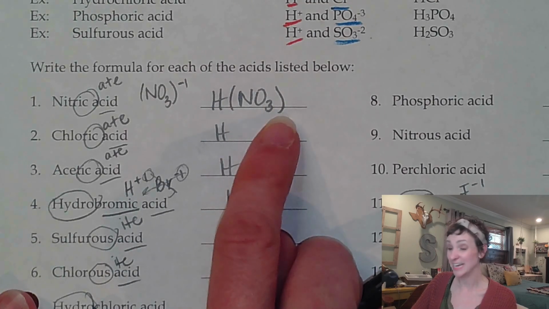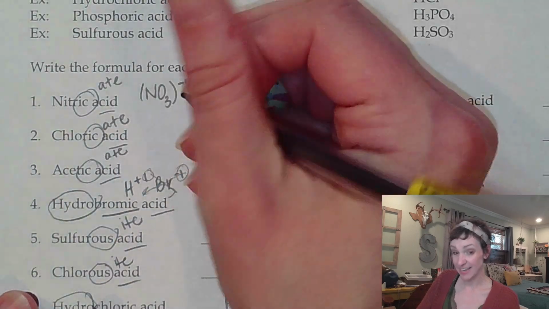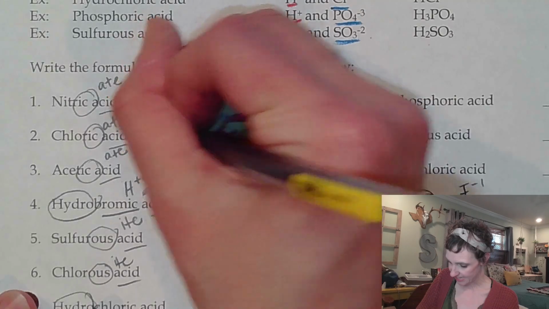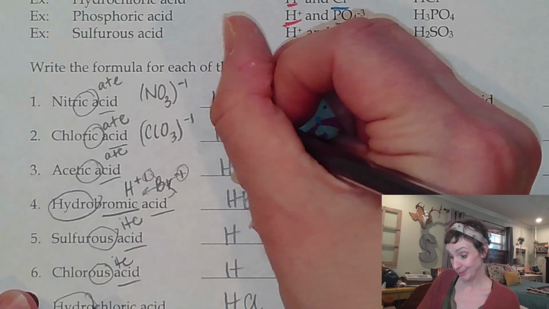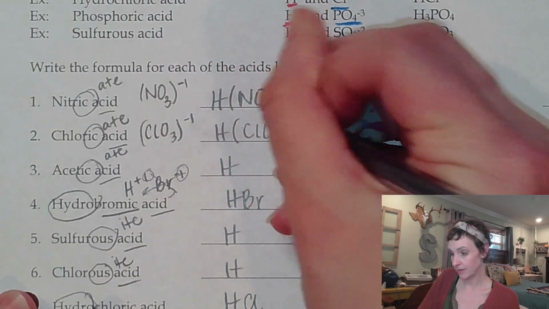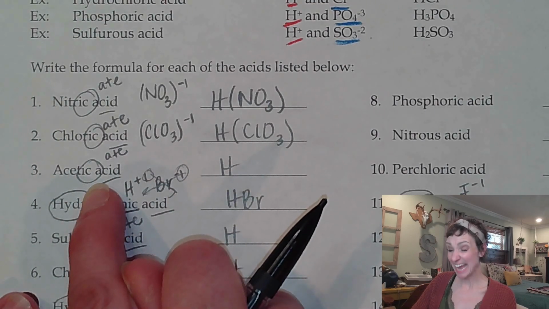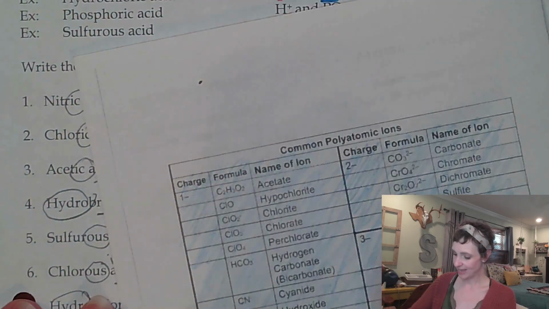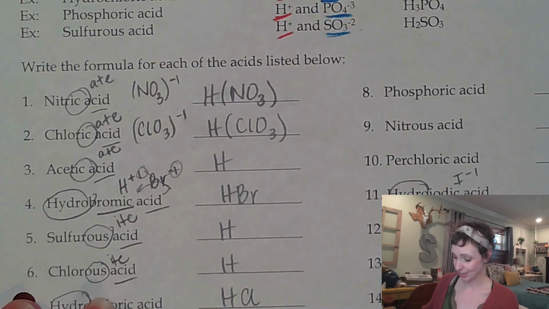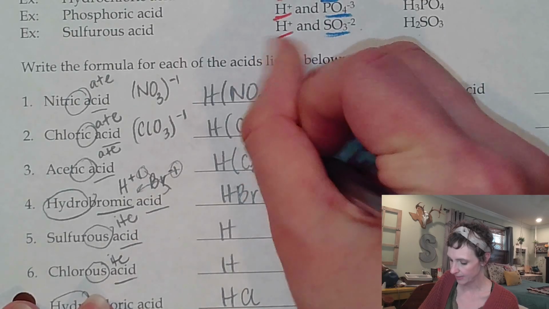It is not required because I have only one of them. Okay, chloric acid, that is chlorate, which is ClO3 -1. So HClO3. I got acetic acid, that's acetate, which has a -1 charge. So it is still a 1-to-1 ratio with the giant acetate polyatomic.